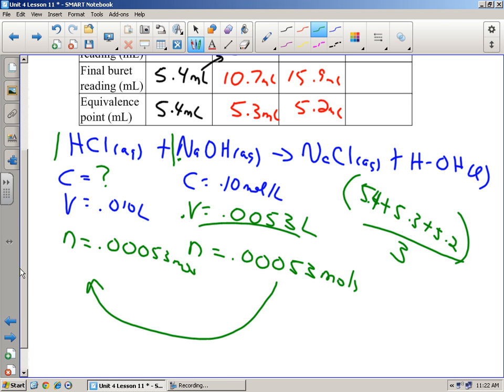So for every mole of hydrochloric acid, I need a mole of sodium hydroxide to neutralize it, right? So if I have 0.00053 moles of sodium hydroxide, I need 0.00053 moles of hydrochloric acid, right? Divided by 0.010, and N divided by V here will give you 0.053 moles per liter. Final answer. Okay?